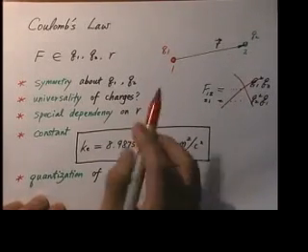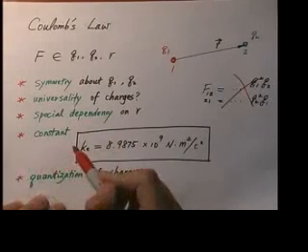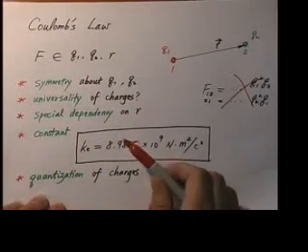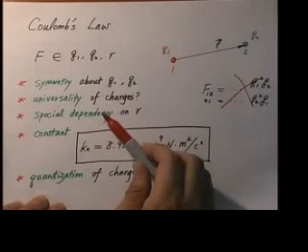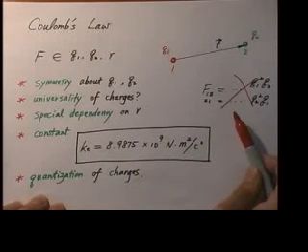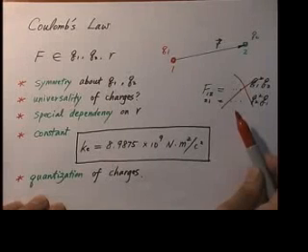What about electric force? Is electric force universal? In other words, does there necessarily exist an electric force between one object and another object in the universe? Well, the answer is no. Electric forces are not universal because not everything has a charge, even though everything has a mass.